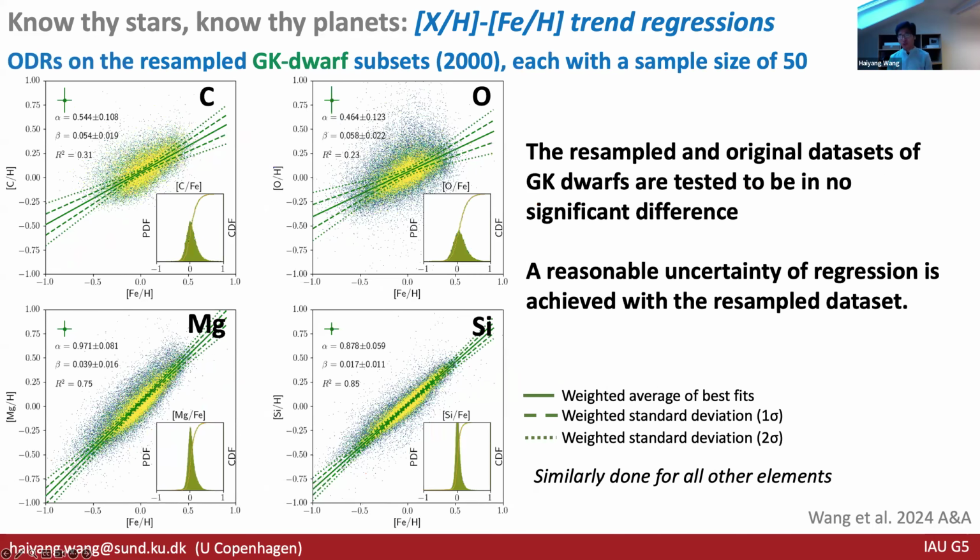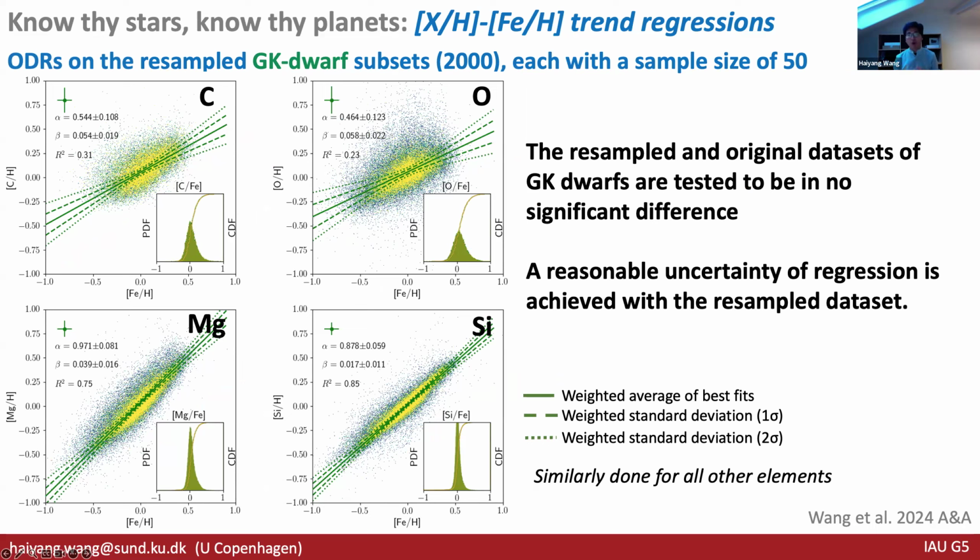For the GK-dwarf data set, the problem is the opposite, because the data set is huge, and our M-dwarf data set is relatively small. So you will encounter an imbalance of the sample size.